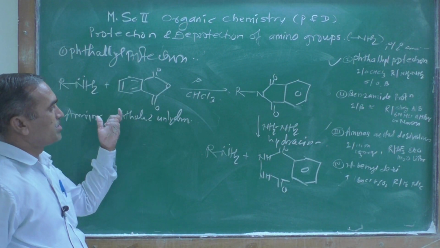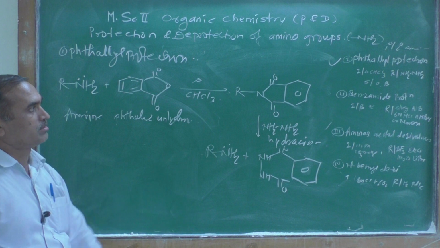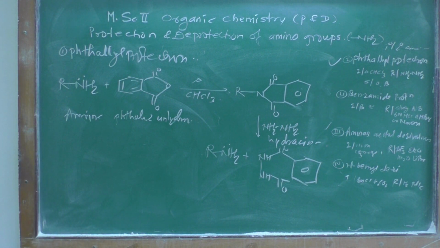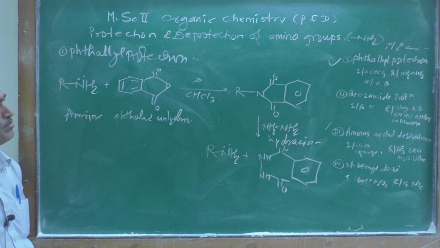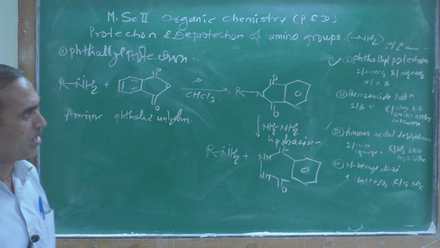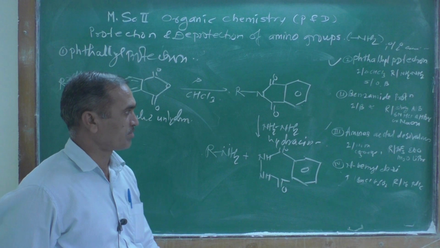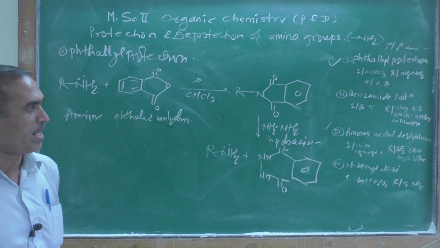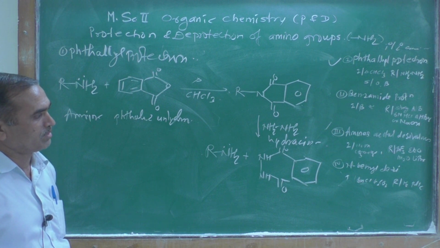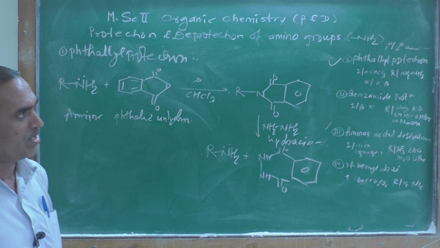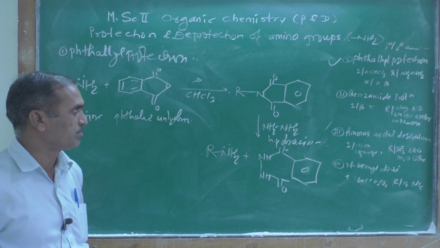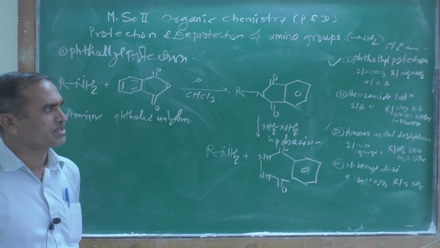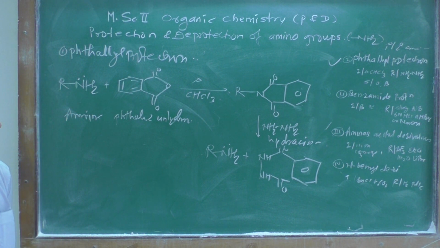Phthalate protection is introduced under this heating process in chloroform as a protecting group, and deprotection can be carried out by using hydrazine, and you will get deprotection very easily, and these are very stable under basic conditions.